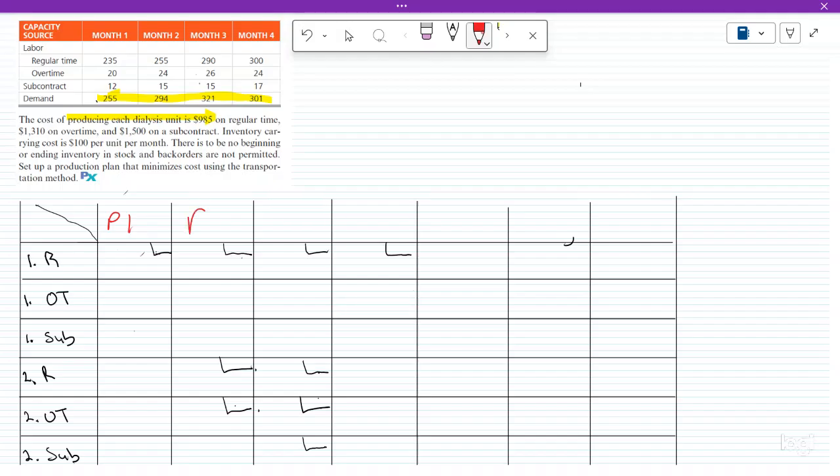P1, P2, P3, P4. Then we have excess, depending.